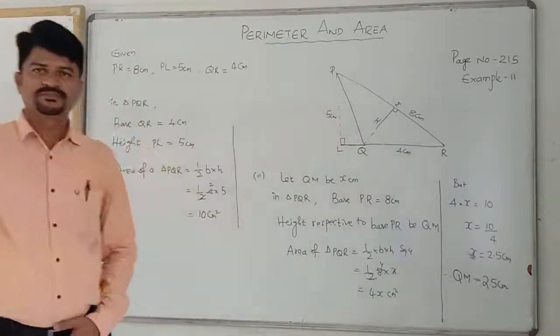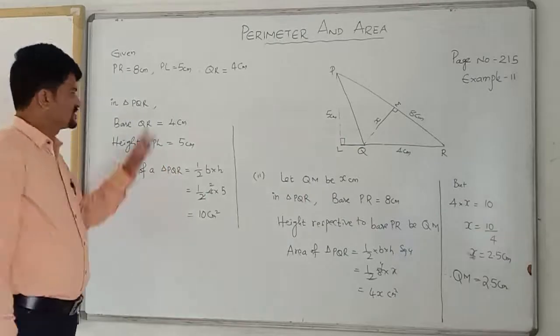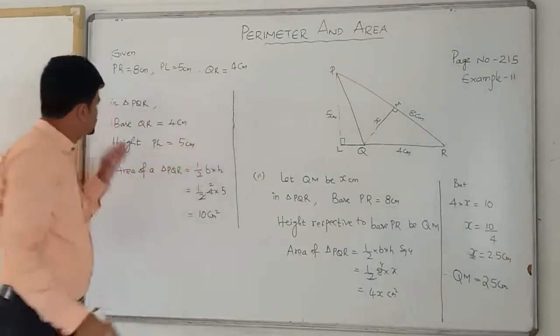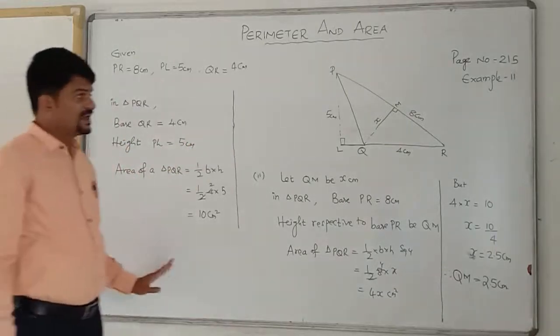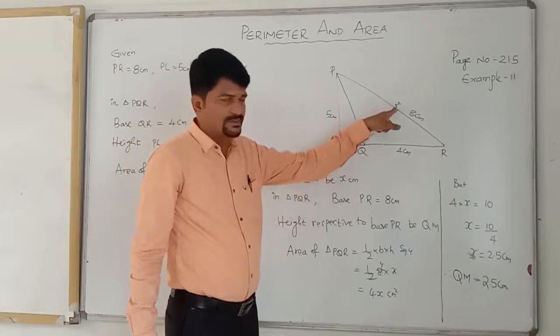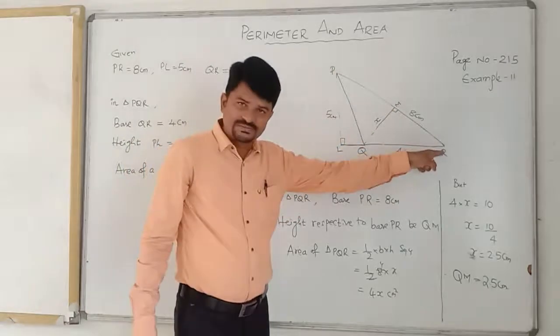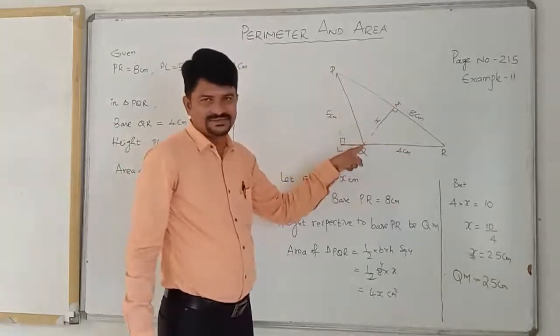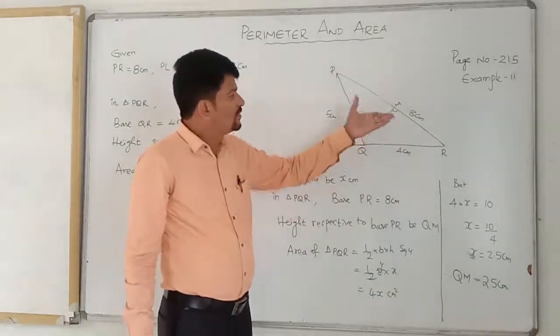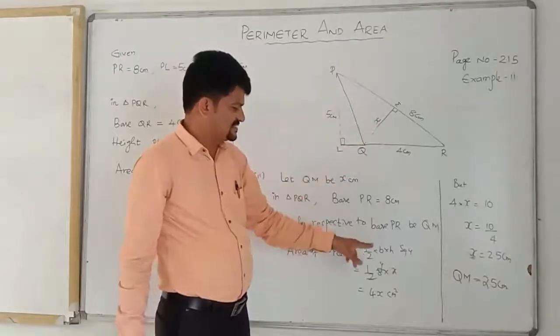Clear, children? First, we directly found the area of the triangle by using the formula. But in the second problem, when we need to find the length of QM, let us consider PR as the base and QM as the height, because this is the perpendicular distance. Now we don't know the height, that's why let it be x.